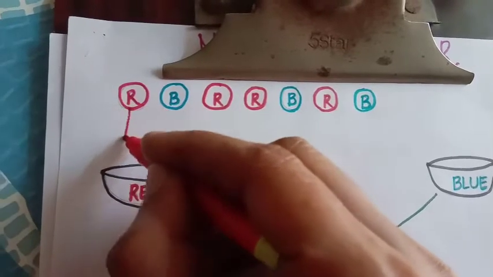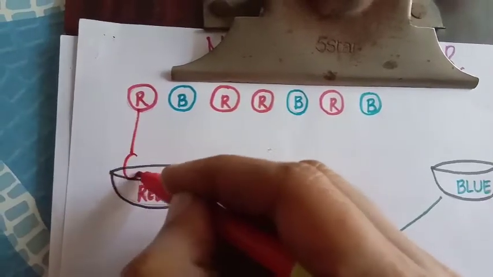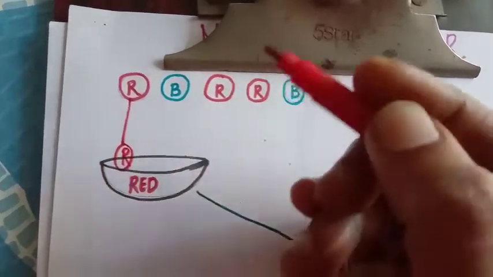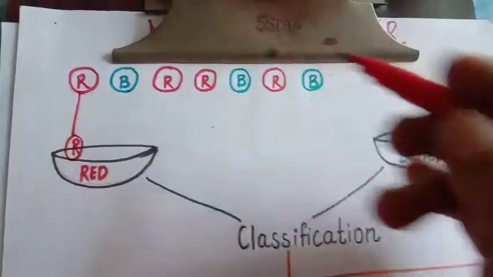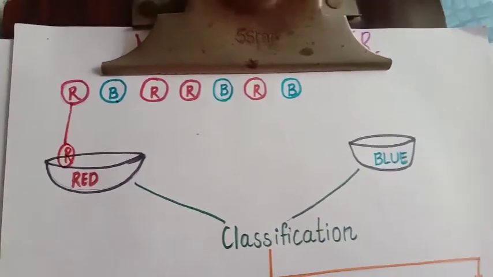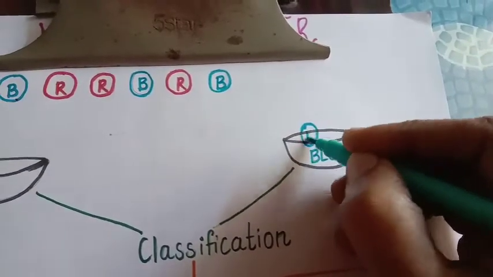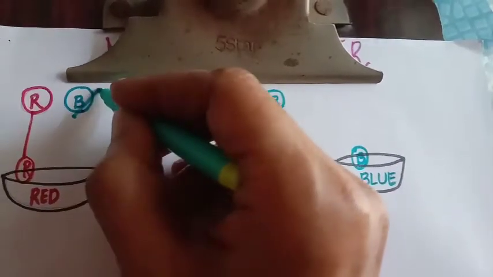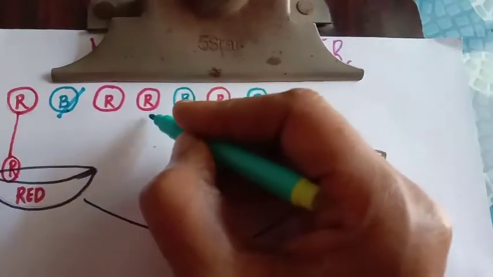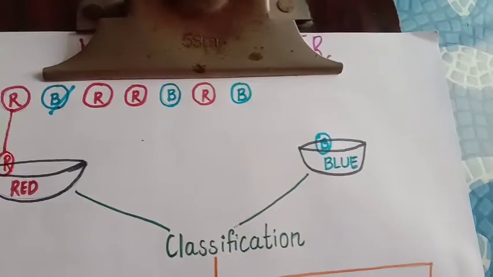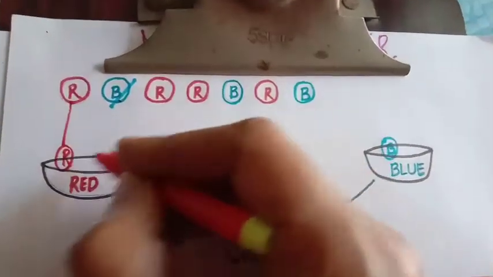This red colored bead will go in this bowl. This blue colored bead will go in this bowl. Okay. This red color and this red color again will go in this bowl.